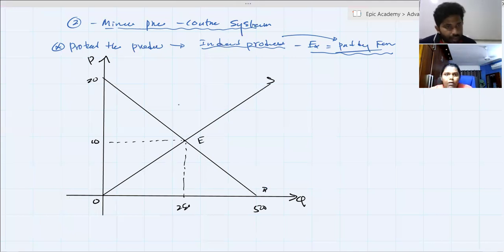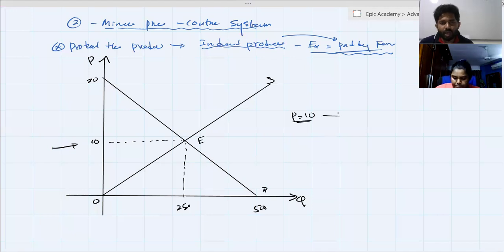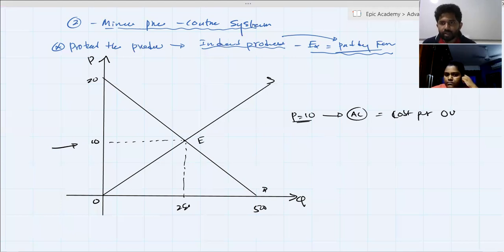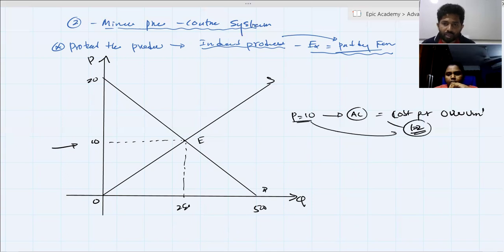So the government decides that the equilibrium price, I mean 10 rupees, is not enough for the producers, because the price of this particular commodity is not enough to cover the average cost of the producer. Average cost means the cost per 1 unit. Just consider the cost of producing 1 unit as 12 rupees. So this price is not enough to cover the production cost.